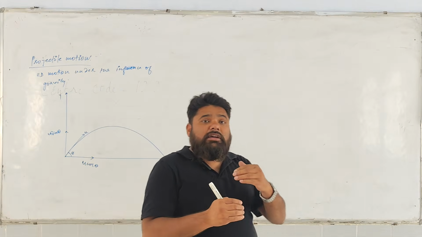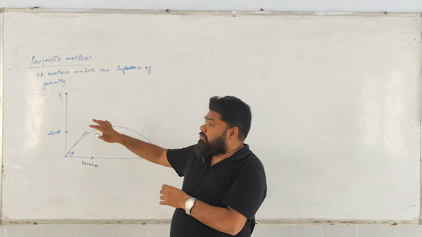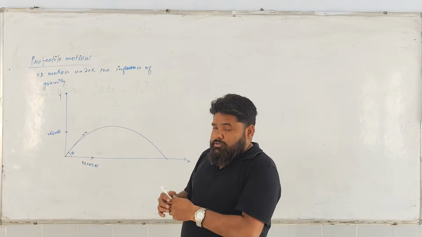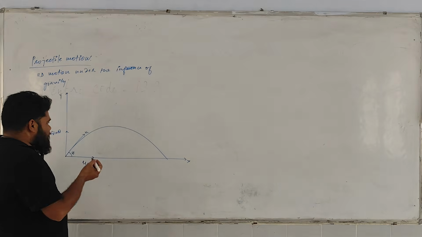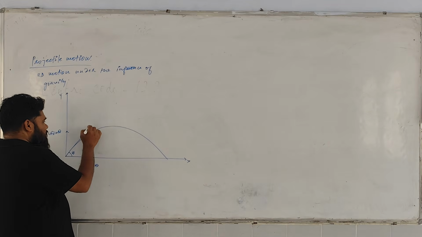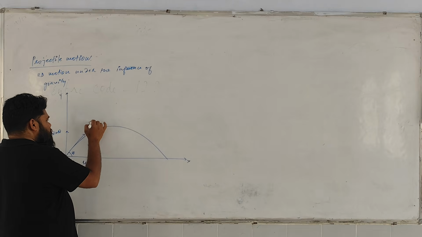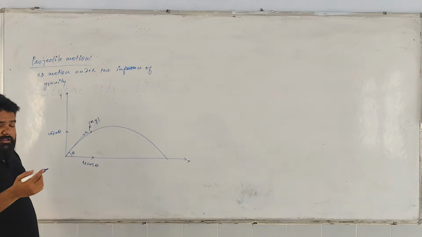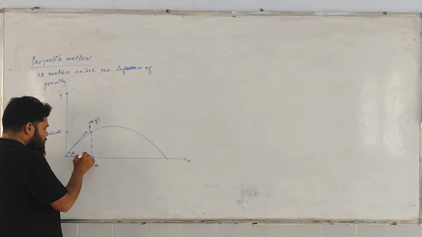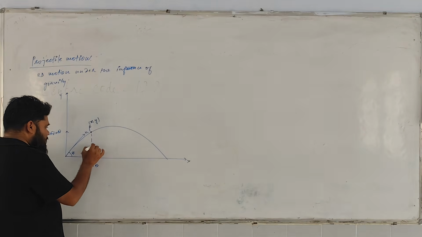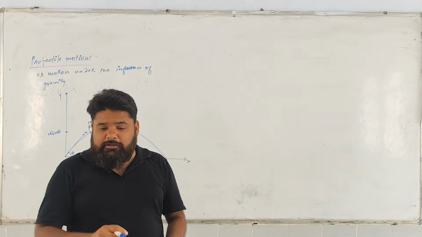Suppose the object reaches any point P after time t, with coordinates x, y. The body covers distance x along the x-axis and distance y along the y-axis, in the same time t.